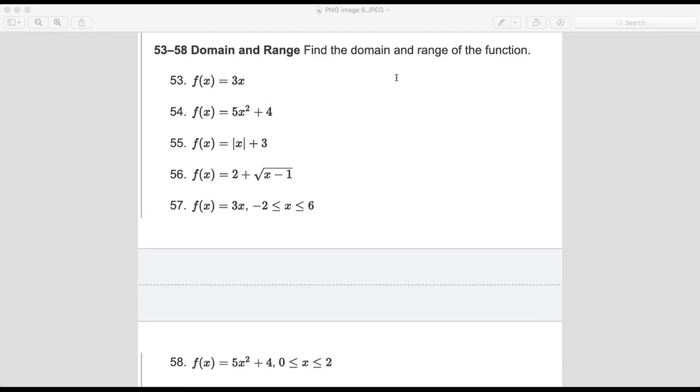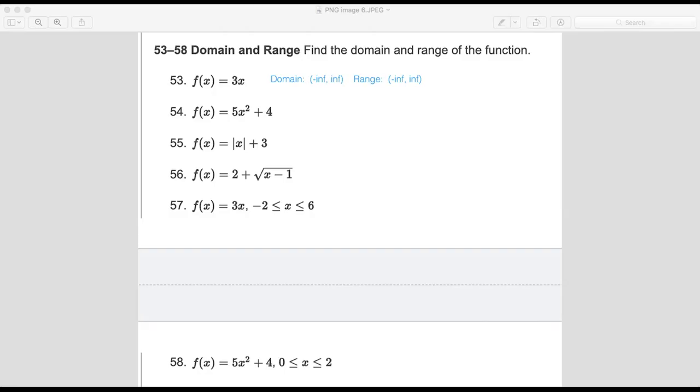So it's like a rule with polynomials where the domain and range are, I was about to say the wrong thing. Domain is always all real numbers. Range is a little different. So we see that for 54. For domain, you want to ask yourself, what are possible numbers you could plug in for x? And here you could plug in anything.